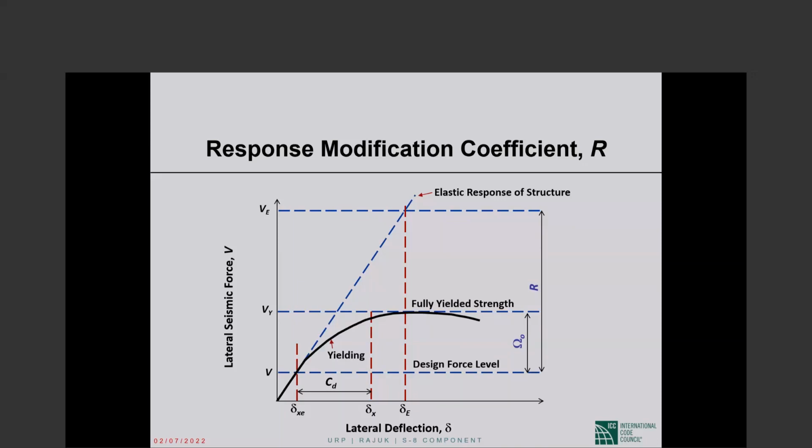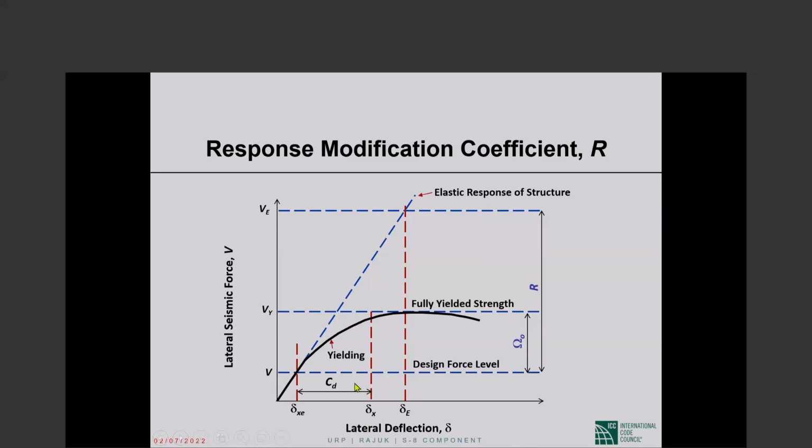The C sub D, called the deflection amplification factor, takes us from the elastically computed displacements to estimated design earthquake displacements. Delta sub x is equal to C sub D times delta sub xe.